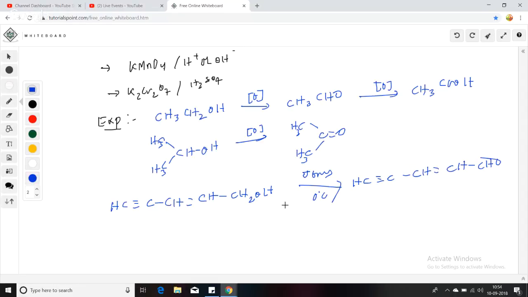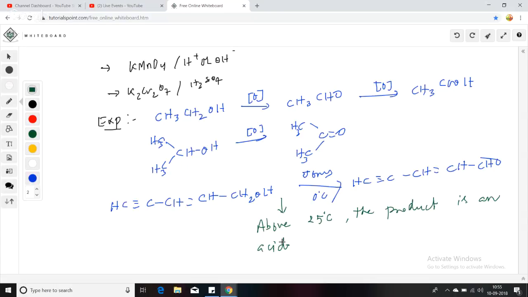This reaction is temperature dependent. One important point to write down here: when this reaction takes place above 25 degrees Celsius, above room temperature basically, the product is an acid, carboxylic acid.